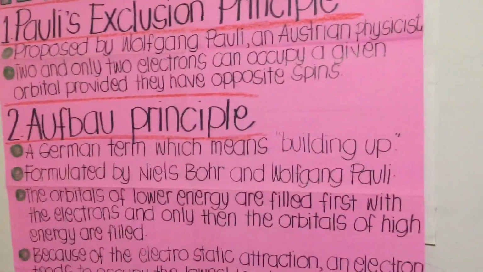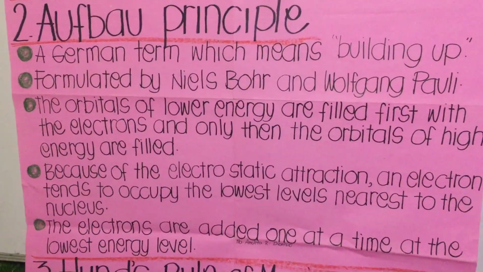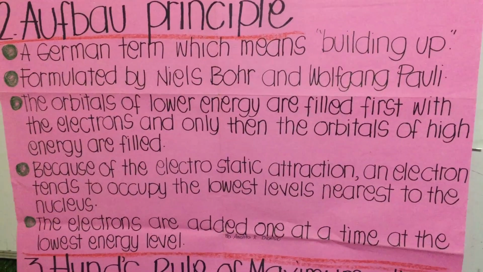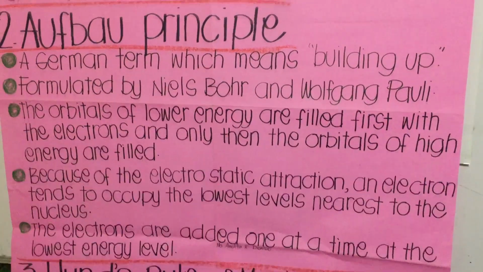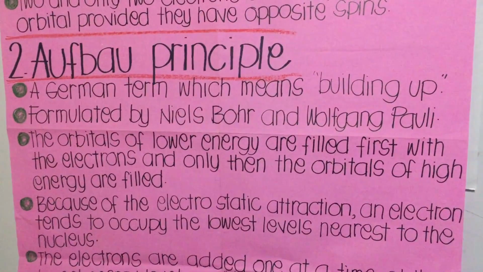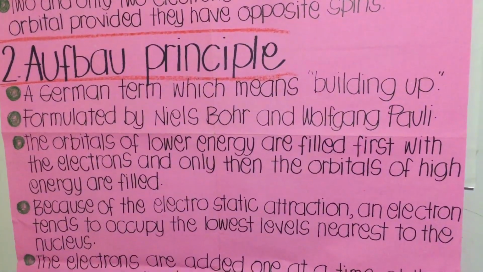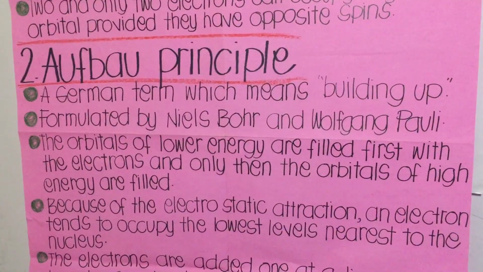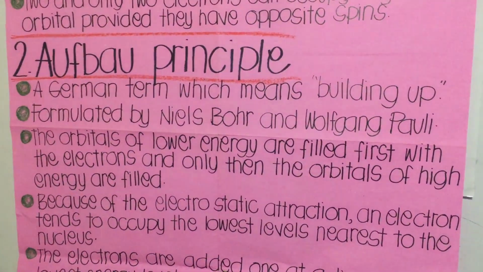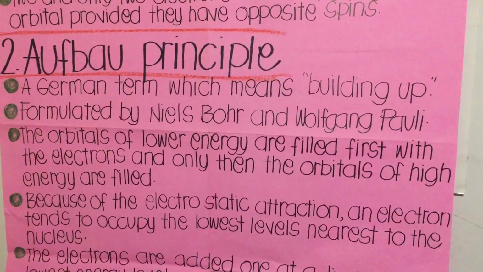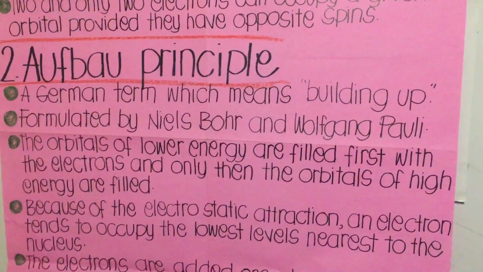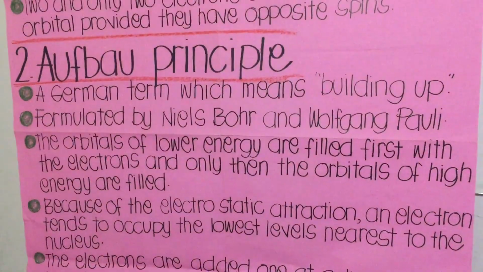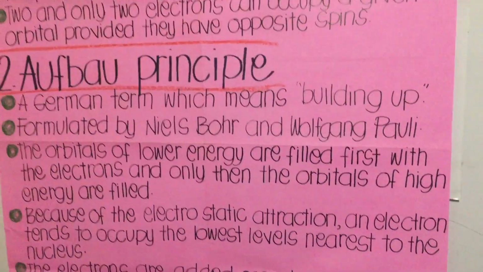They said that the orbitals of lower energy level are filled first with the electrons, and only then are the orbitals of higher energy level filled. Since it is building up, you must start first on the ground state, the first energy level, before you proceed to the higher energy level. That is the Aufbau principle.